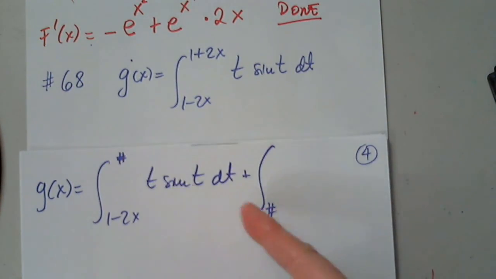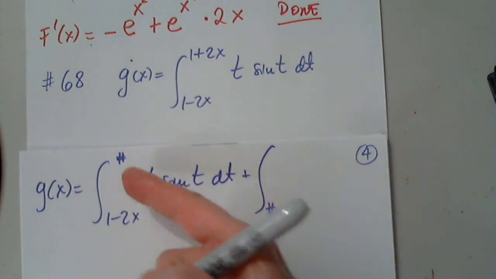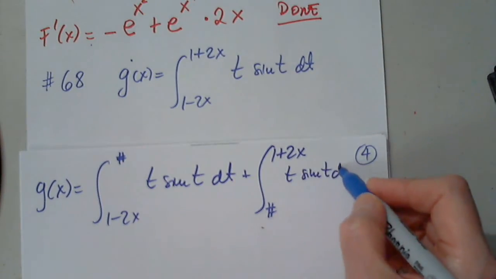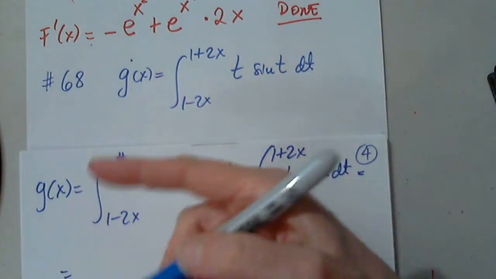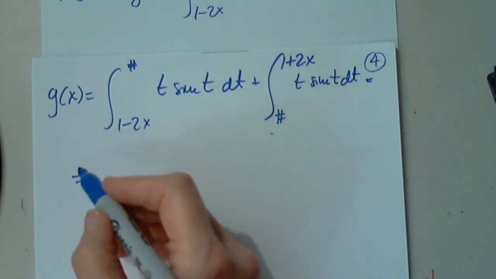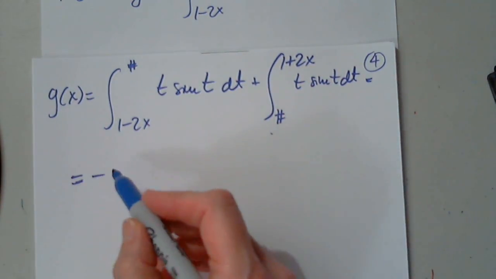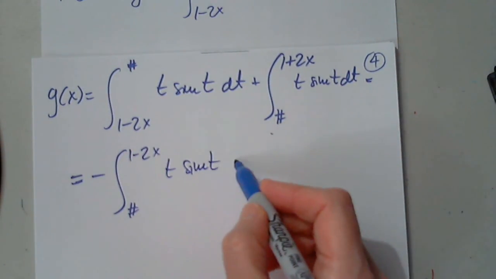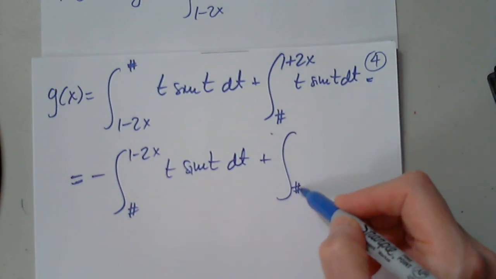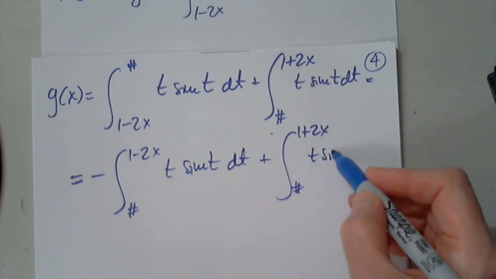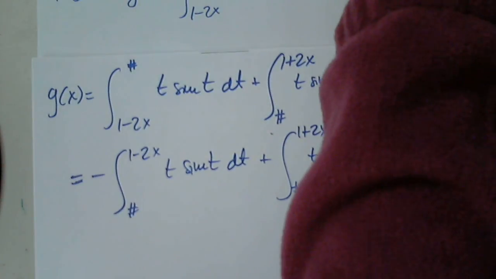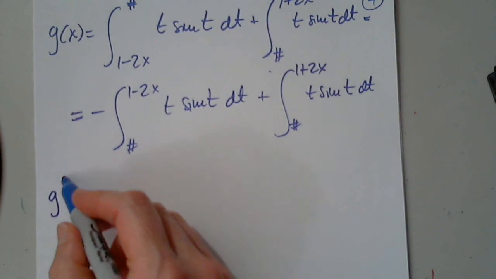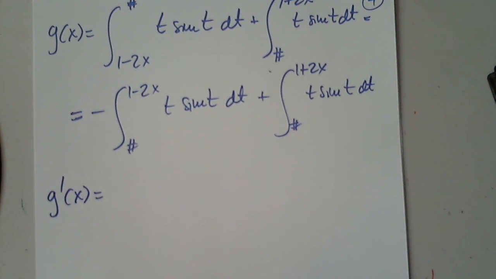You cannot put here 10 and here 15, but it's not going to make any difference, but it has to be the same. 1 plus 2x, t sine t dt. I continue flipping this. It's a must. I cannot differentiate if the lower limit is not a number. Good. Now we're ready. Will anyone like to try this?